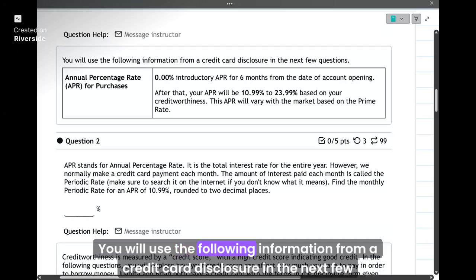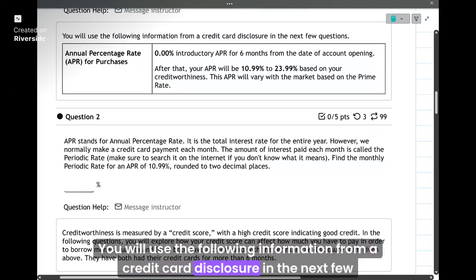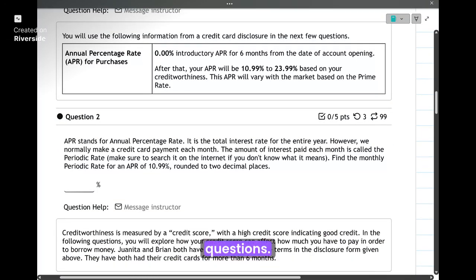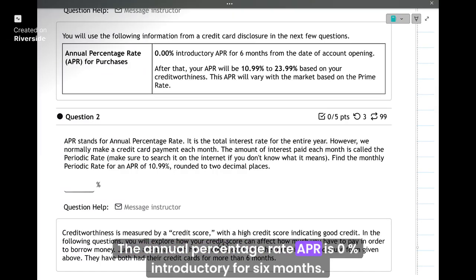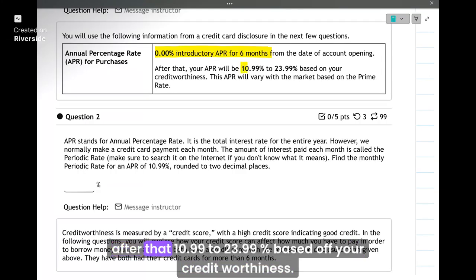You will use the following information from a credit card disclosure in the next few questions. The annual percentage rate, APR, is 0% introductory for 6 months. After that, 10.99 to 23.99% based off your creditworthiness.